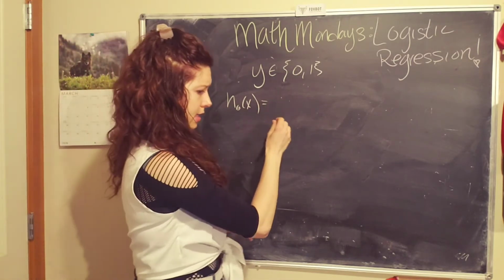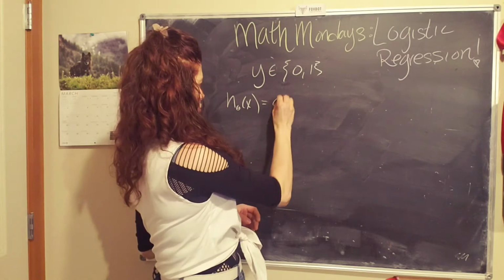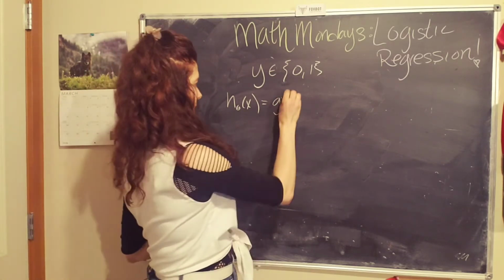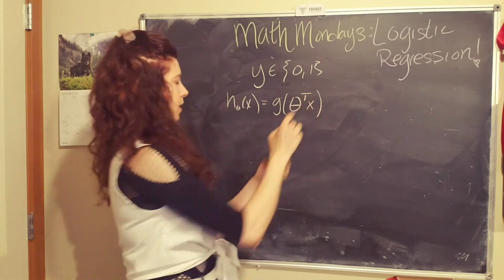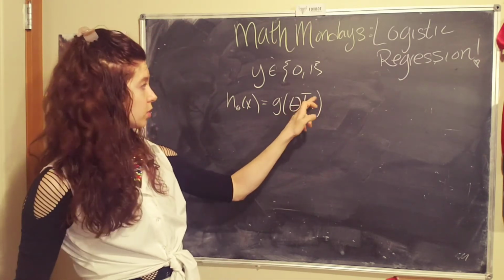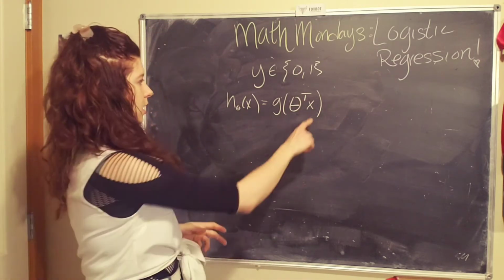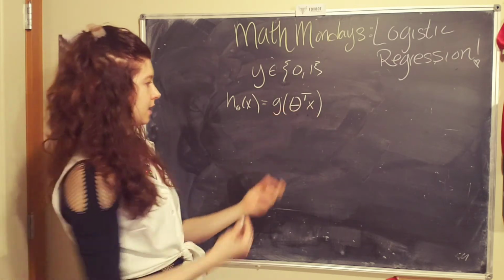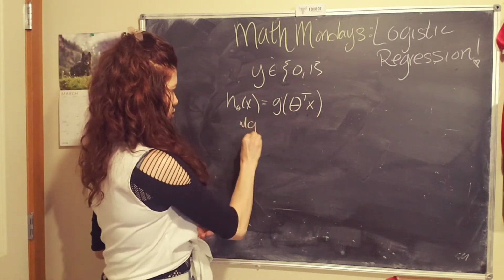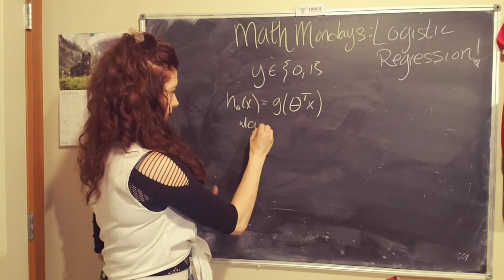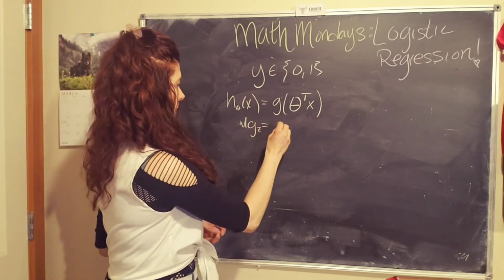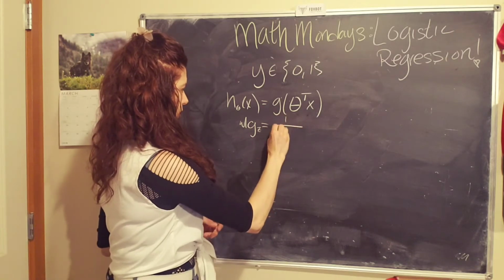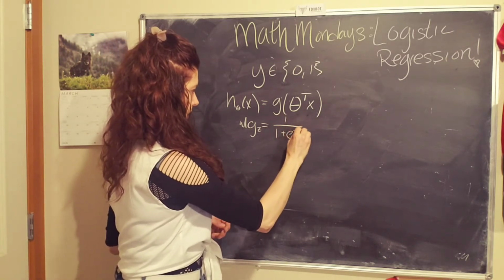But in this case, it is going to equal g, we'll define g in a second, of theta transpose times x, where you have many different parameters. This is going to be a matrix, times our input data x, with g of some variable. We're going to use z as our stand-in variable for now, equals 1 over 1 plus e to the negative z.